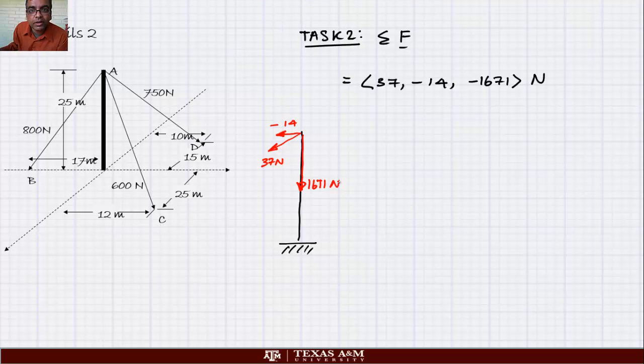14 newtons is roughly a small bag of apples. You know, I told you 1 Newton is an apple, no? So this is very small. This is actually slightly larger, but still, nothing that you cannot carry. Now, this is 3 people, maybe 4 people.